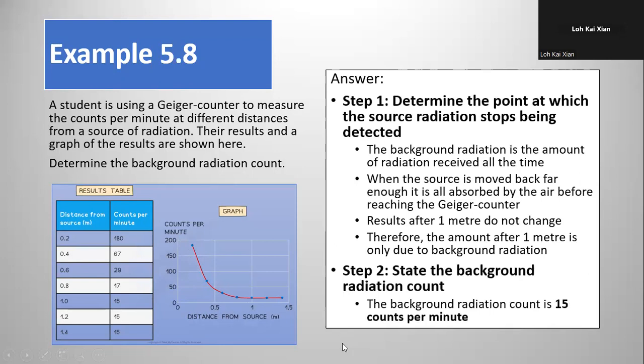The background is 1.15 counts. When you count, you count from both the radioactive source and the background. So as you move further and further from the source, after a certain distance, you can see that it's constant. That means the radiation from the source cannot be detected anymore because it's too far away. So it's detecting only background.